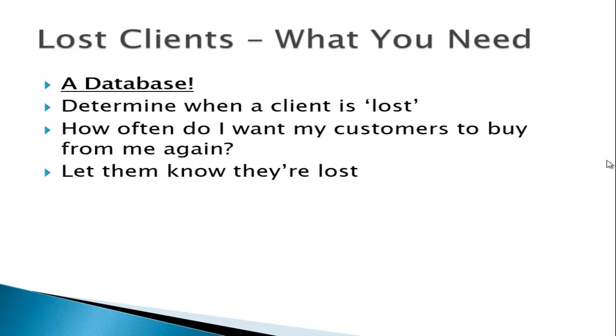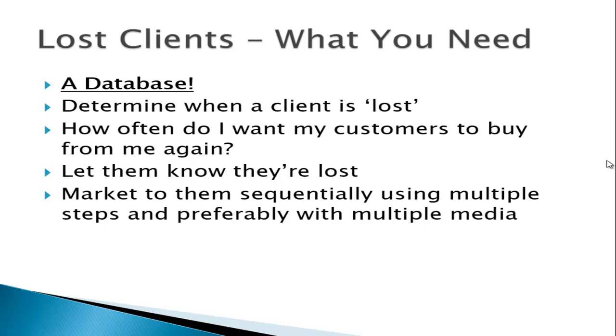And then what do you need to do? You need to let them know they're lost, and here's the big one. You need to market to them sequentially using multiple steps and preferably multiple media. And here's what I mean by that. When we do our lost client campaigns, we hit our lost clients with a direct mail piece, typically 2 to 3 times.